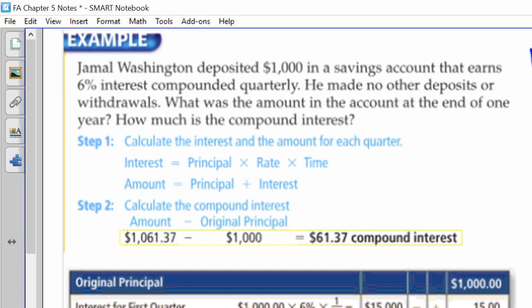All right, how many months are in a year? There's 12. So anytime we do our interest calculation and we're doing months, we're going to put a divide by 12 in there. How many quarters are in a dollar? 4. That's the quarter part. So there are 4 quarters in a year.